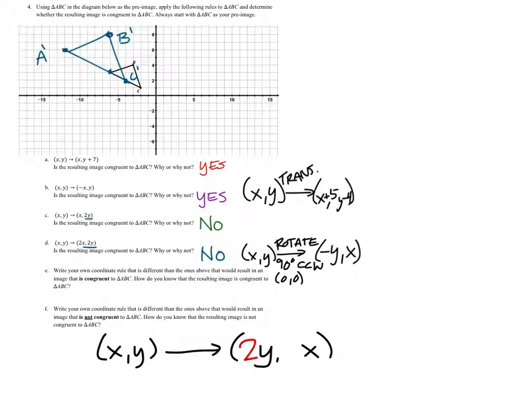So we can expand the y and then cut the x into a third. That would give us a very different size shape. And also, we'll get into this, but that would be considered a dilation. Any dilation would work, making it bigger or smaller, as long as you don't use a factor of 1.